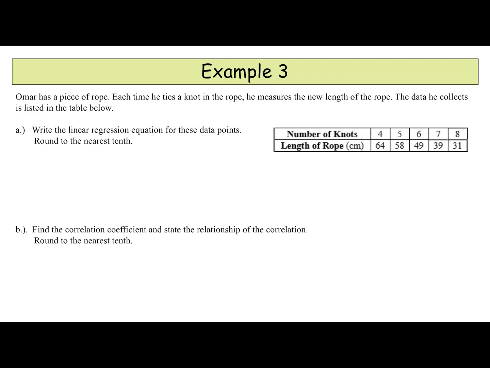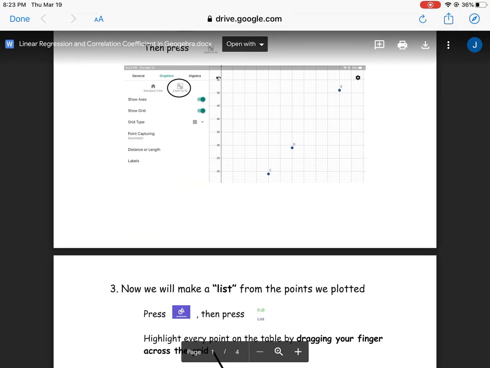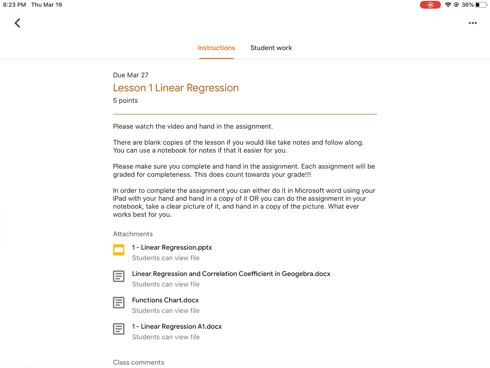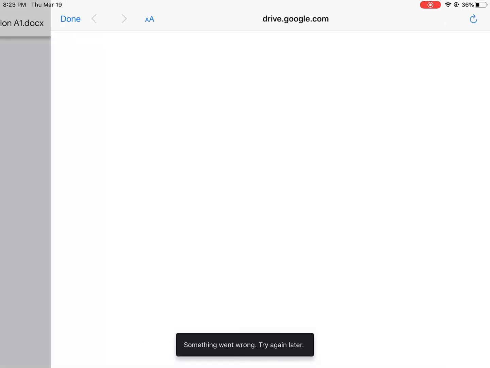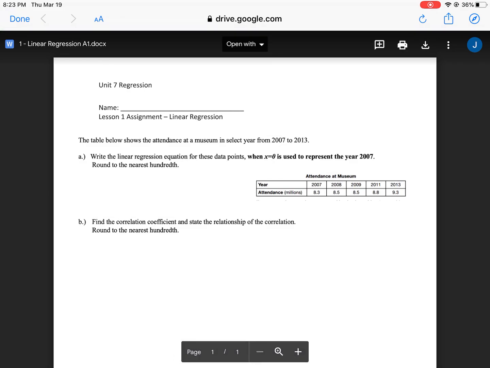Okay? Since the lesson is over, what you have to do now is go back to our Google Classroom page and click on Linear Regression A1. That's your assignment. If it doesn't open, you press on the top right-hand arrow, and it will open up in your Google Drive.